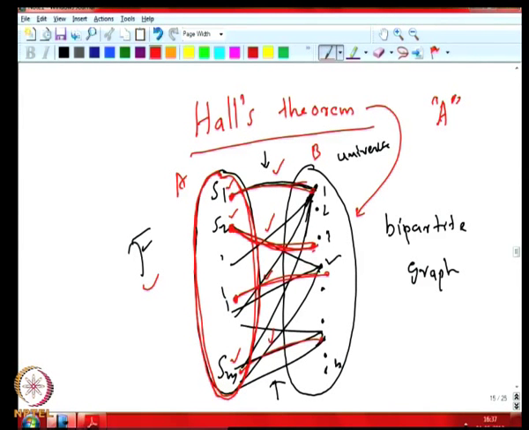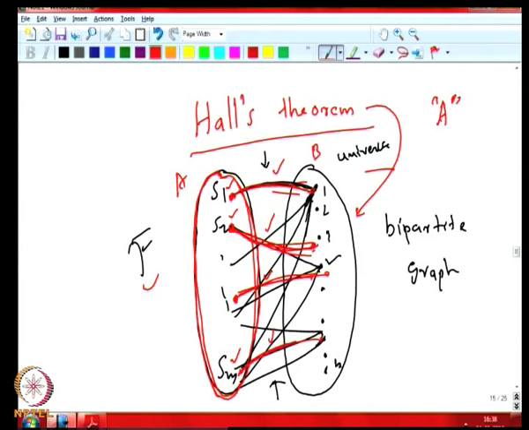For instance, if m is too large compared to n, it will not be possible, because after some time all the members here will finish off, and then it is not possible to give any more. Of course, that is a trivial condition: we should have at least as many elements in the universe as there are sets, then only can we get distinct representatives. But is that enough? Even that may not always be valid.